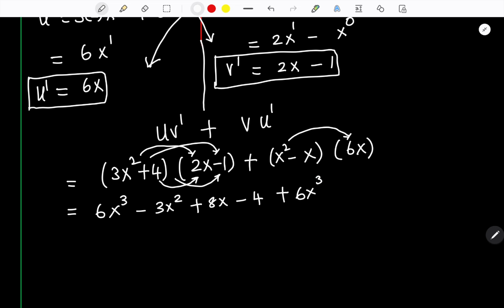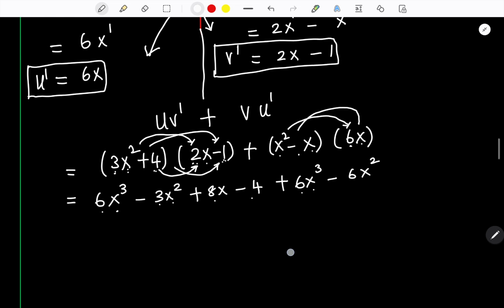Then this multiplied by this, minus 6x square. Again I'll repeat. 3x square times 2x, so 3 into 2 is 6, x cube. 3 into 1 is 3, x square into 1 is x square. 4 into 2 is 8x, 4 into minus 1 is minus 4. x square into this is 6x cube minus 6x square.